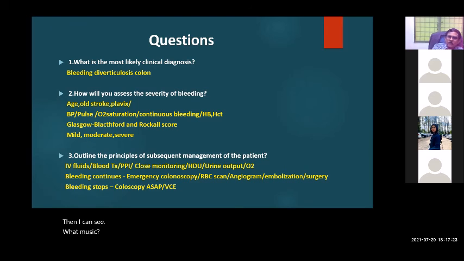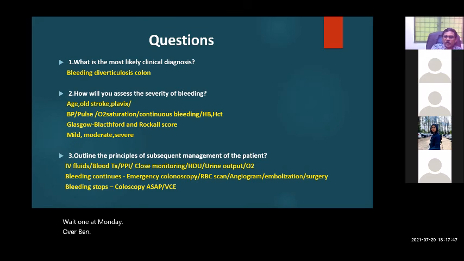Okay. Then after that, subsequent management is investigation. Investigation most of the time is a scope. In this case it is a colonoscope. Whether it is emergency or can wait one day or 2 days to make the patient more stable depends on the condition of the patient.